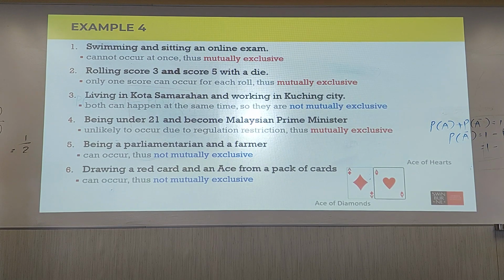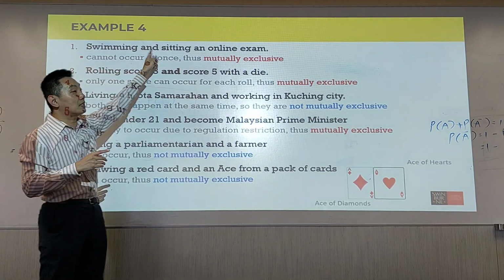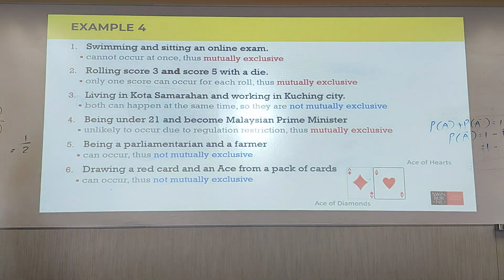Quite hard, right? Highly not possible. Nowadays we can use a handphone, so you can do it, but how to swim, I don't know. If you think these two events cannot happen at the same time, then we can conclude these two events are mutually exclusive.